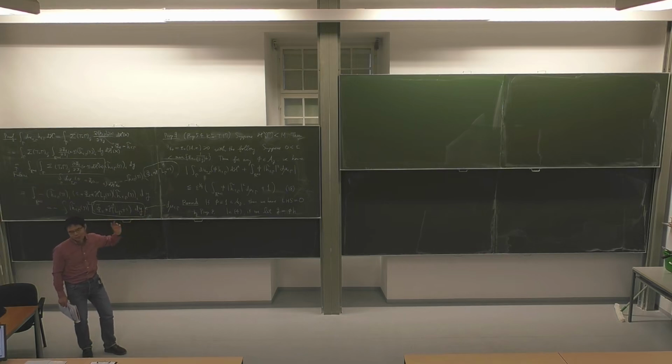Because phi, after all, is a kind of test function, and the interesting thing about this test function phi is that, remember, phi behaves more or less like a constant in the scale of length 1 over j. That's how we define this test function.